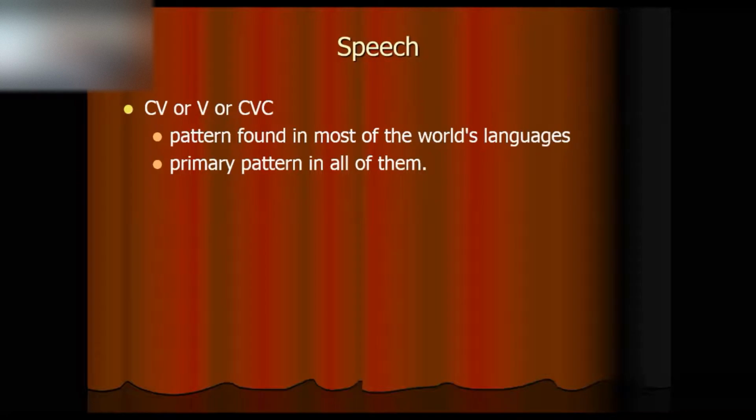Actually, the three patterns are found in most languages, and they are a primary part of all the languages. They belong to how we generate the whole vocabulary from bottom up.